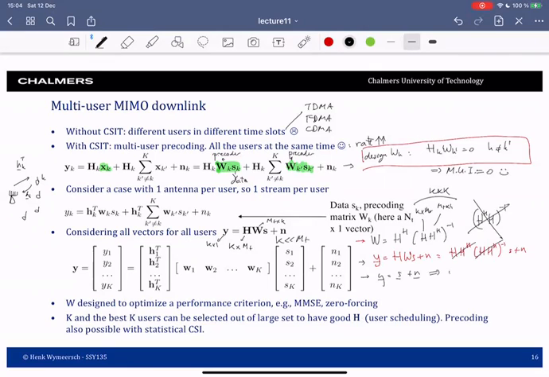And then this means that what receiver K sees will be its data symbol, SK plus noise NK. So this means no multi-user interference. And again, this here is the multi-user interference.